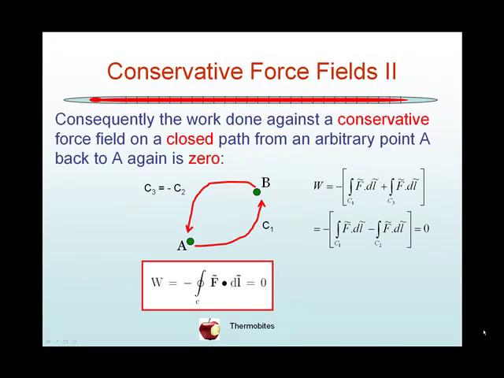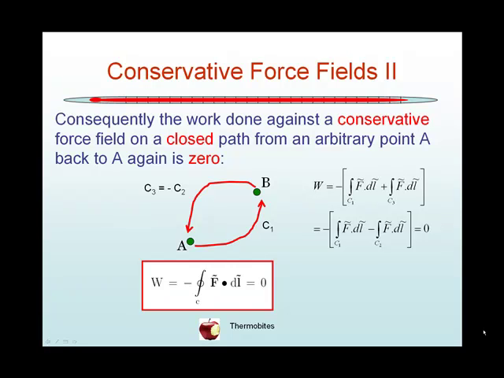The implication of this is that the work done against a conservative force field on a closed path from an arbitrary point A back to A again is 0. So consider the closed loop shown there with the path from A to B, C1, and the path from B back to A, C3. The integral for the work done is minus the path integral on C1 of F dot dl plus the path integral along C3 of F dot dl.